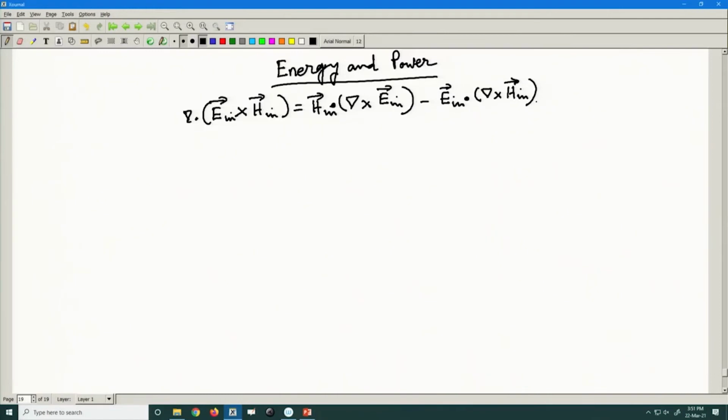Now from here, if we call this equation 17, we can write this using the generalized current concept in equation 16, minus H in dot M in total, minus E in dot J in total.